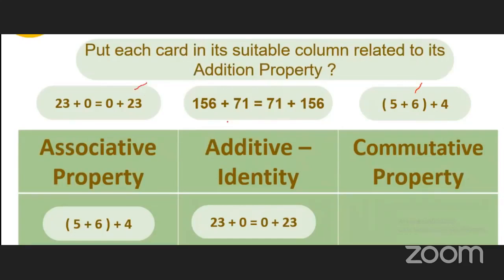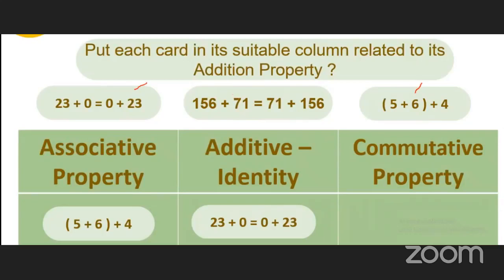Then the last one will be written in commutative property. But you should know that commutative property means when we replace, here 156 is replaced with 71.